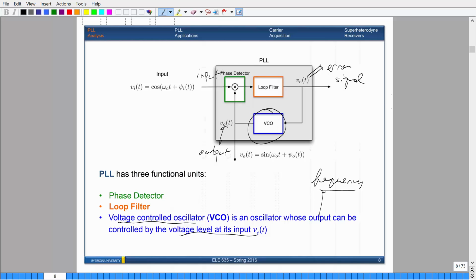Depending on what voltage comes into the VCO, the frequency changes. It can either slow down or speed up depending on the input voltage. That's why it's called voltage control, because the input voltage that comes in will directly affect what frequency you see at the output. I'm not going to go into what those electronics are, but you can think of it as some sort of hysteresis electronic system, and then you can use some sort of DC bias to actually adjust what the frequency looks like.